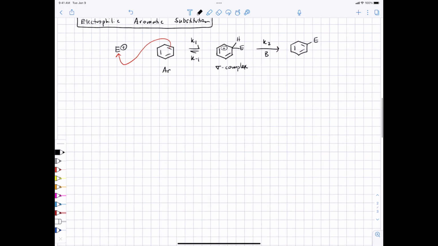So if you wanted to, you could use the steady state approximation on the sigma complex to generate a rate law for the appearance of product that looks like this.